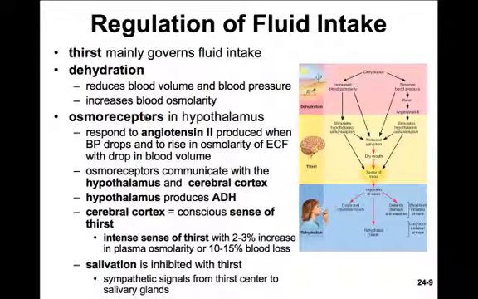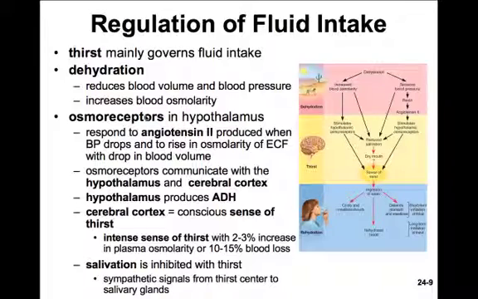These osmoreceptors will respond to angiotensin II, which is produced when blood pressure drops. And we're going to see a rise in osmolarity of the extracellular fluid. Also stimulates the osmoreceptors. Both of these are a result of a drop in blood volume.